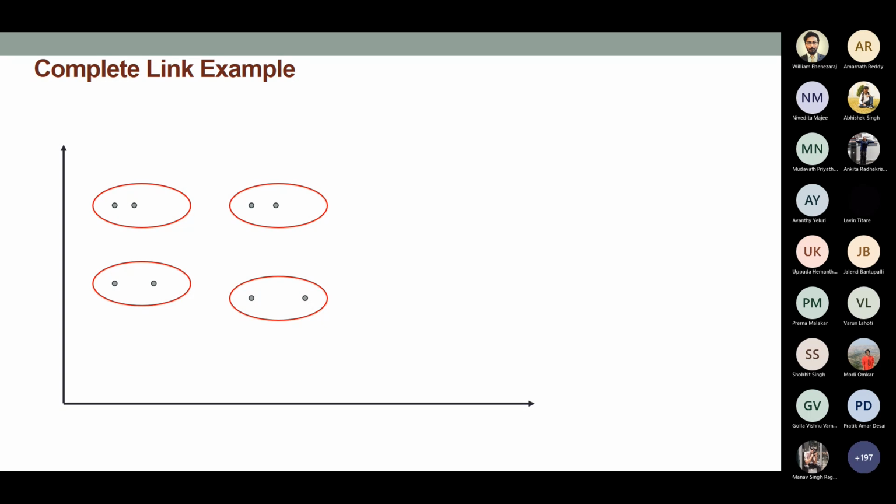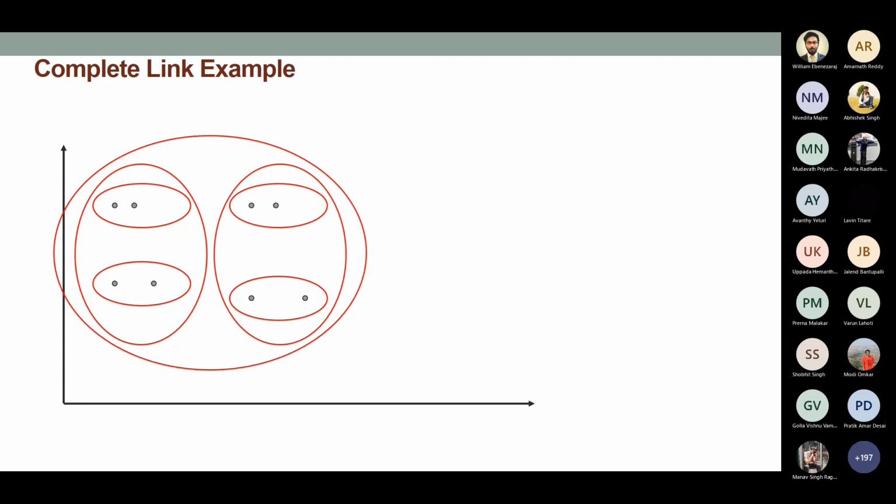Next, we are going to merge these two together, because if you consider the distances between all possible clusters based on their most dissimilar object, this is the minimum. In a similar way, you can get the clusters again, and finally you get one. So the cluster formation is different from what we have seen in the case of single linkage clustering. The only difference, which I again want to emphasize, is the way you compute the distance or similarity between two clusters. Otherwise, it remains the same.